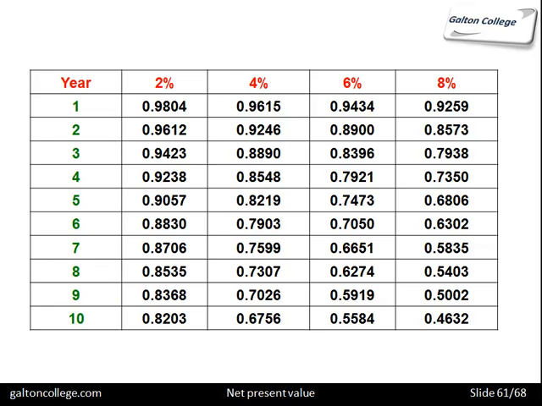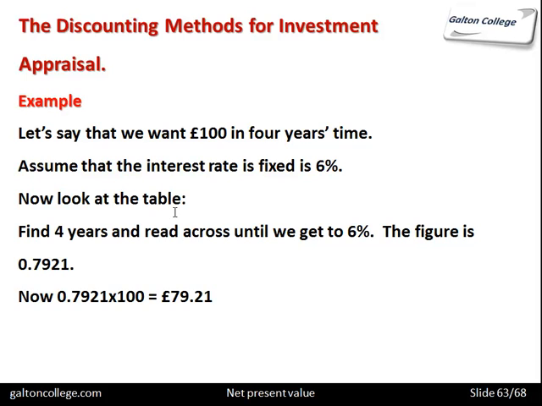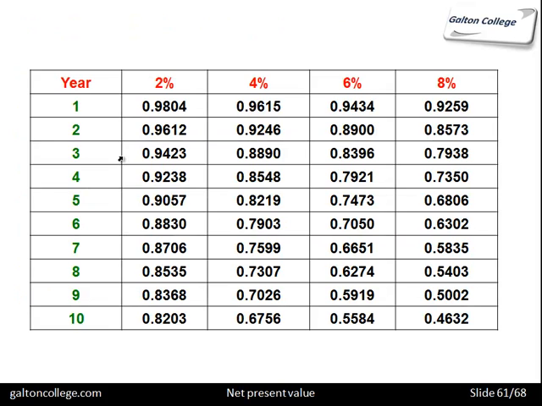So let's say we want £100 in 4 years' time. That's where I got confused. Assume that the rate of interest is 6%. Now look at the table. Now find 4 years here and read across until we get to 6%. There it is, 0.7921.